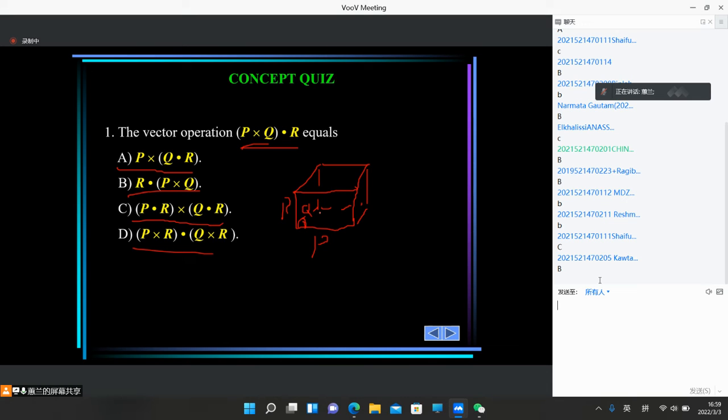So P cross Q results in the area. And then dot R, so the new vector dot R gives the magnitude of R times cosine theta. R cosine theta is actually the height of this shape. So graphically it's the volume of the solid with sides P, Q, R. So the answer should be B.